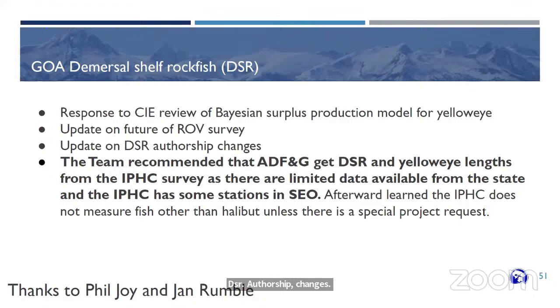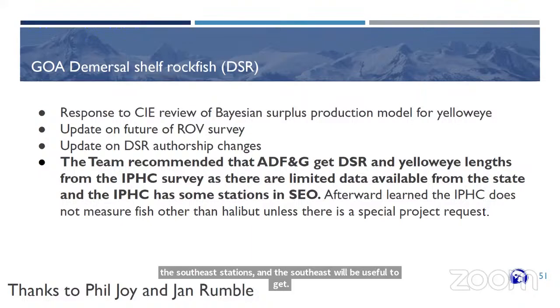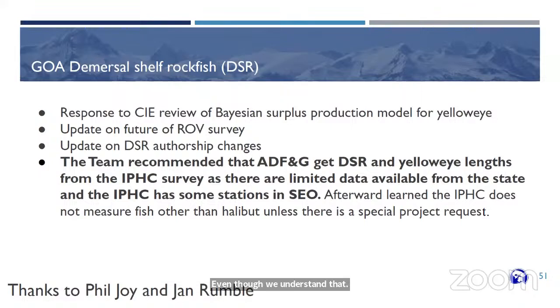And the team recommended that ADF&G get yelloweye lengths from the IPHC, so that there's pretty limited data from the state, and the stations in the Southeast will be useful to get, even though we understand that IPHC doesn't presently measure fish other than halibut unless a special project request. Next slide, if there's no questions.